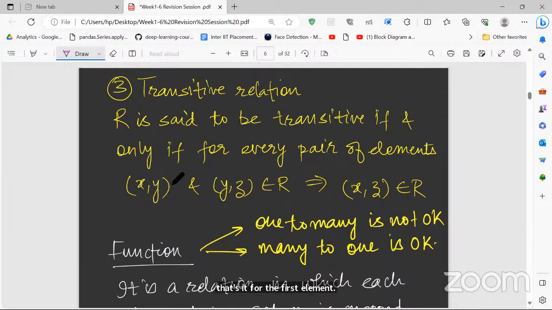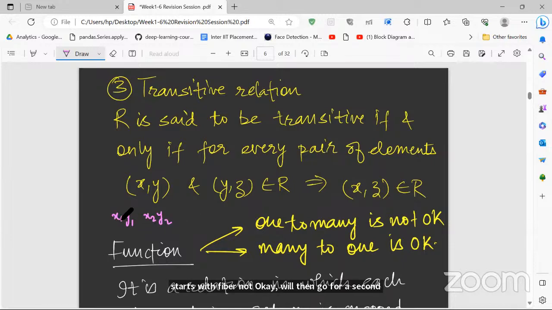If not, go to the second element. There also check for y: if you have (x1, y1), (x2, y2), check the first case. If no element starts with y1, well and good, go for the second case.